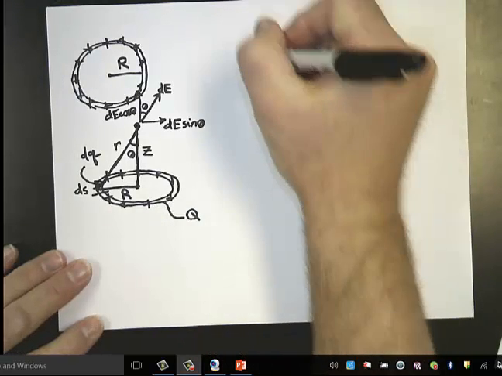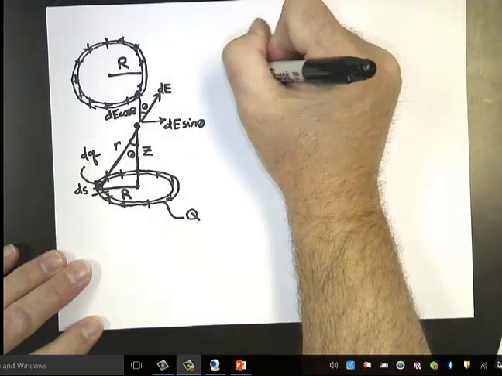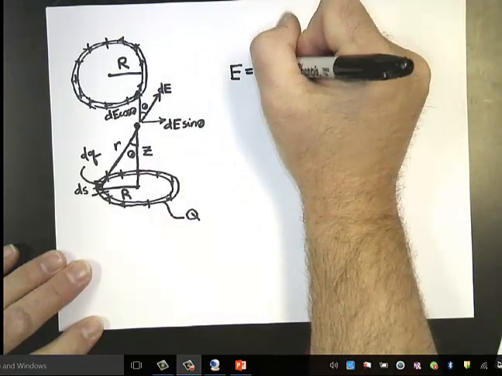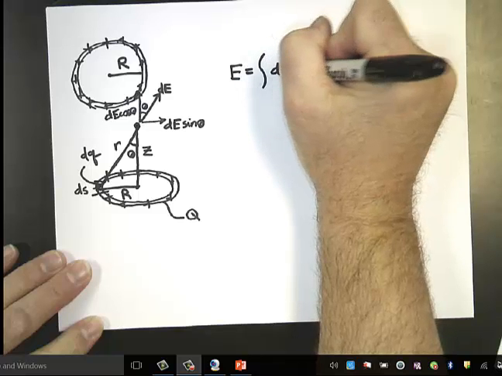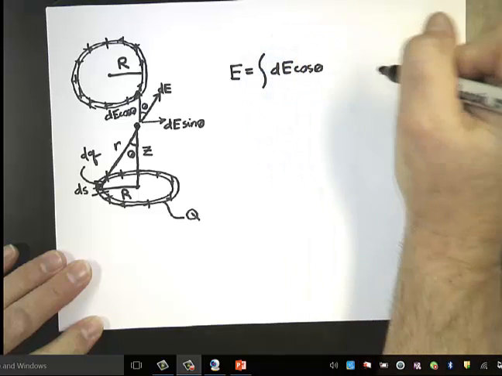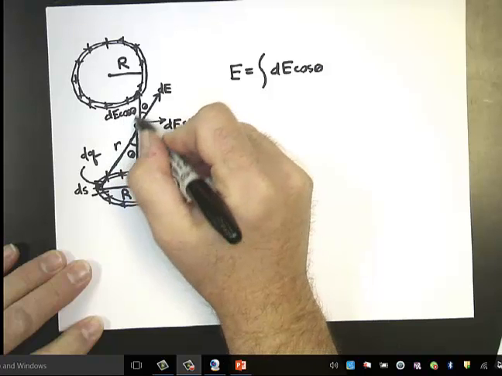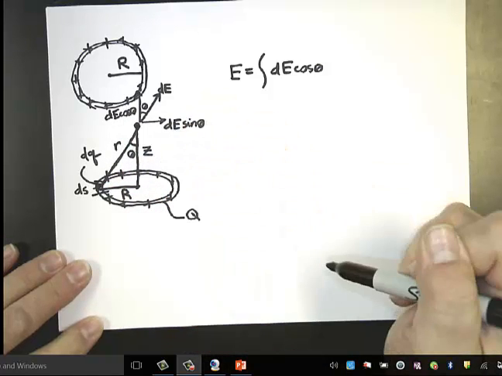So E is going to be the summation of all my dE cosine thetas. I'm going to take all those and add them up as I go around the circle.